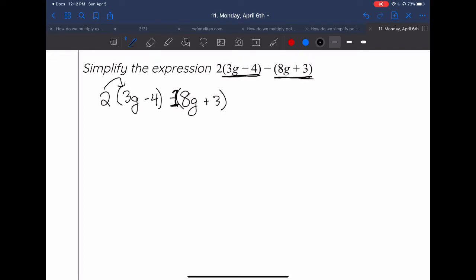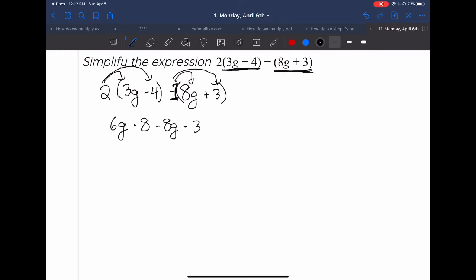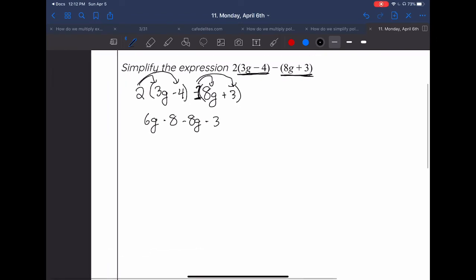The first thing I need to do is distribute this 2 and distribute this -1. So 2 times 3g is 6g, 2 times -4 is -8, -1 times 8g is -8g, -1 times 3 is -3. So this strategy that we're using here is distribute a -1.